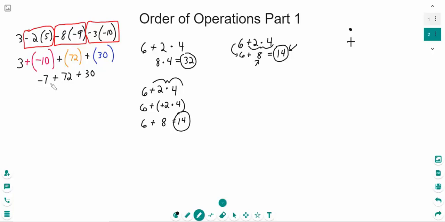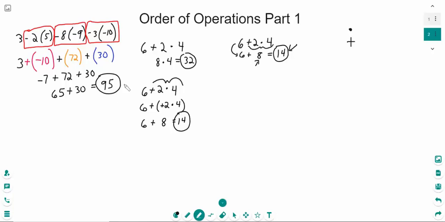So negative 7 plus 72 would be what? Think about that for a second. Hopefully you said 65, plus our remaining 30. 65 plus 30 would give us our 95, right? So the answer then is 95.